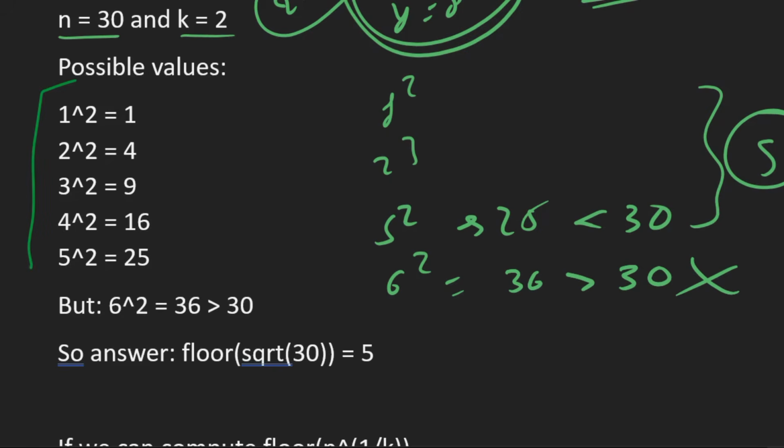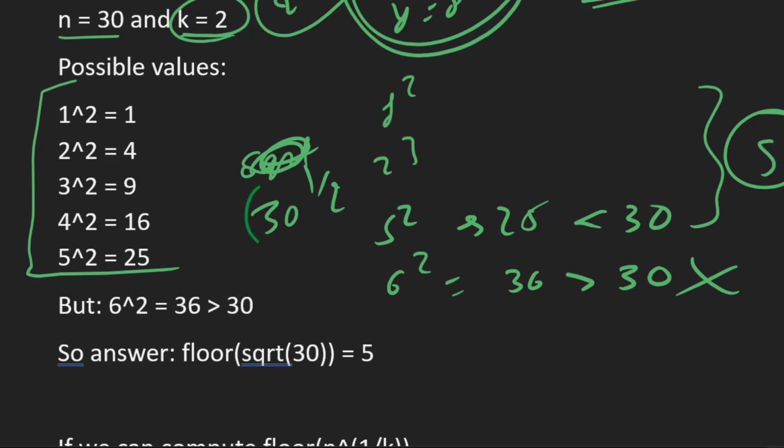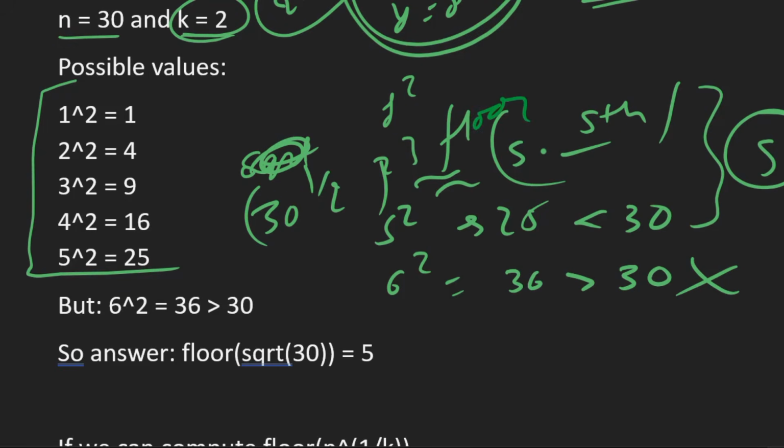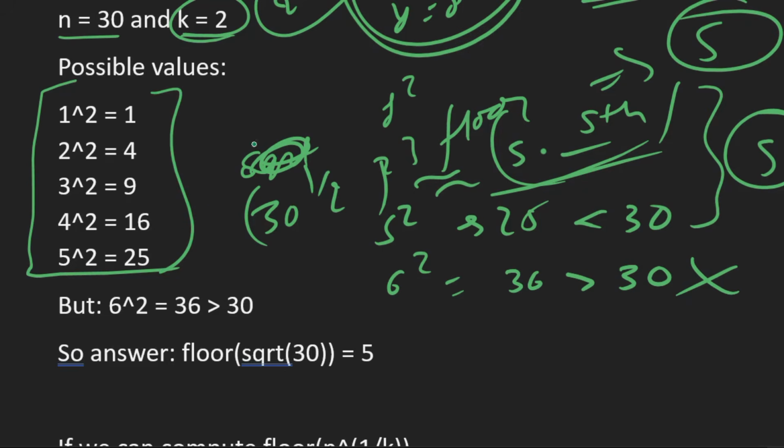But we can't iterate and find these values. So what we'll do is take the square root of 30, because k is equal to 2. So we take 30 to the power 1 by 2, which is 5 point something. If we take the floor value of it, it will give us 5, and we can see 5 is our answer.